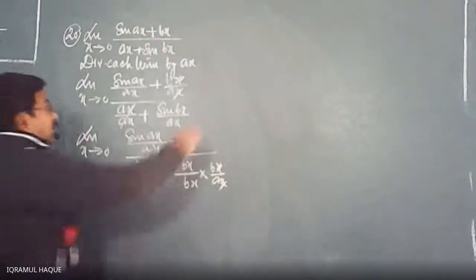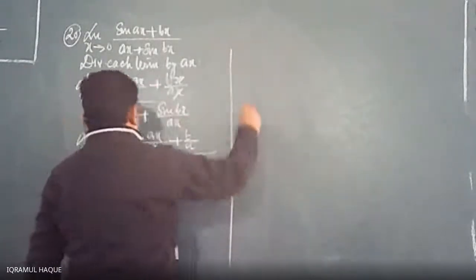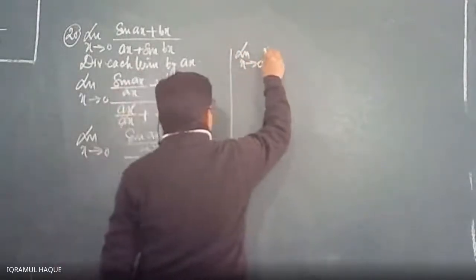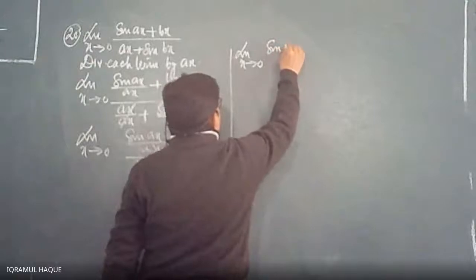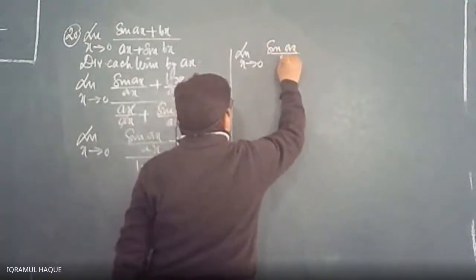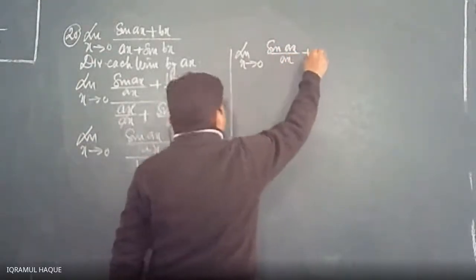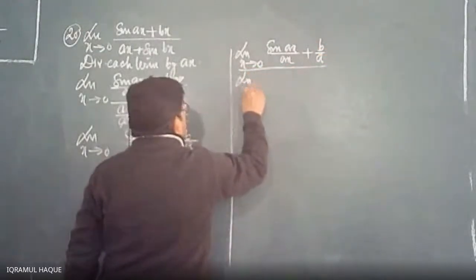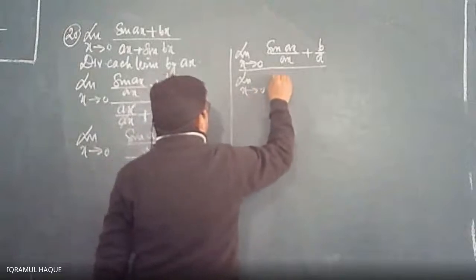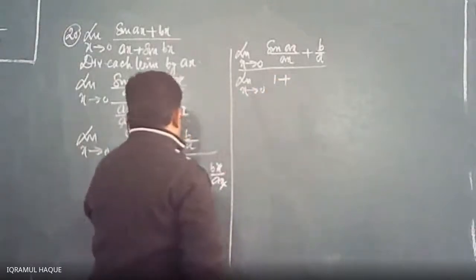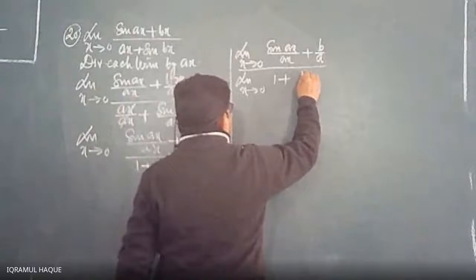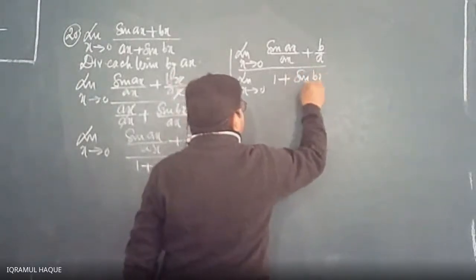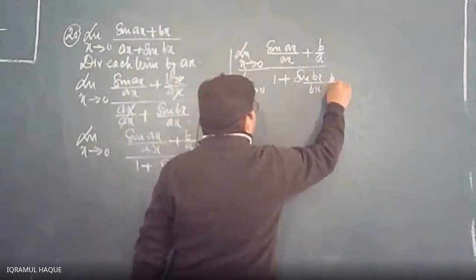Now apply the limit. What we have, limit x tends to 0, sin ax upon ax plus b by a, upon limit x tends to 0, 1 plus, here we have sin bx upon bx into b upon a.